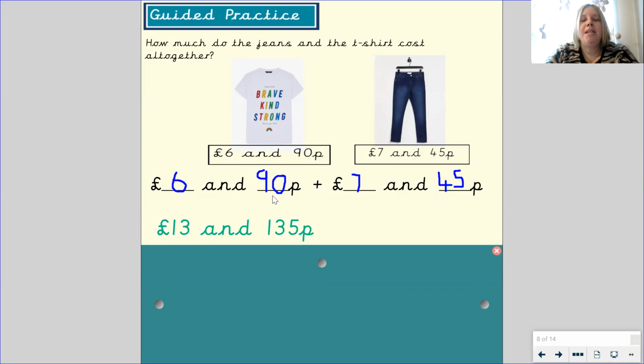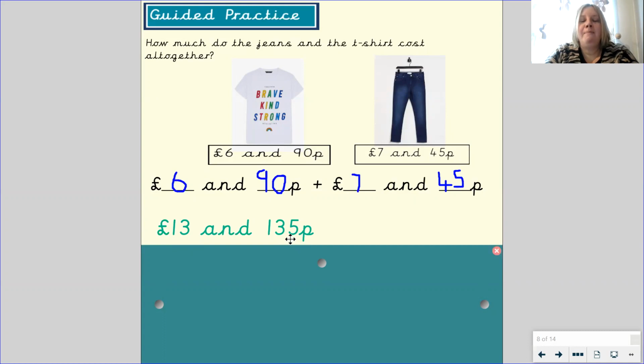Then I add my p together. So if I add my 90p and my 45p together, I have 135p.